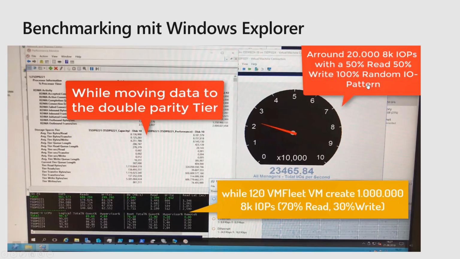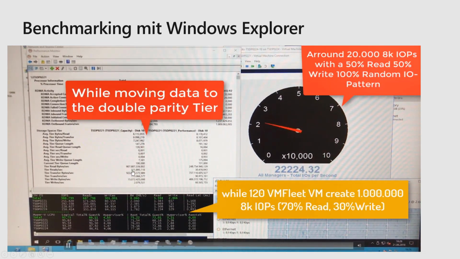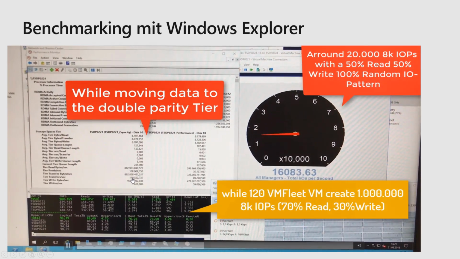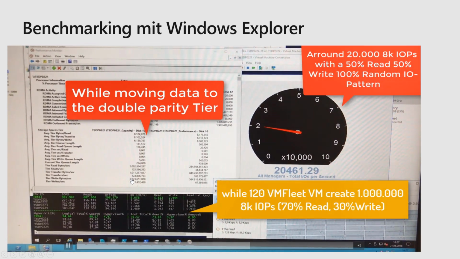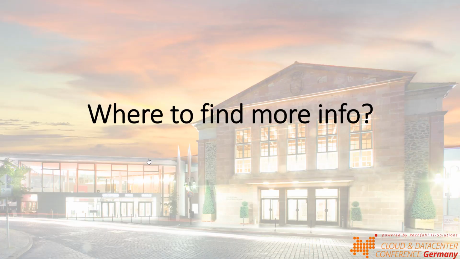It does 20,000 8K IOPS, full random, 50% read, 50% write. And here we have a mirror accelerated parity volume where you see the data is moved from the performance tier to the capacity tier. We see a lot of writes here. So you should do that all the time. And this is really the beauty of an Azure Stack HCI design, the performance you have.